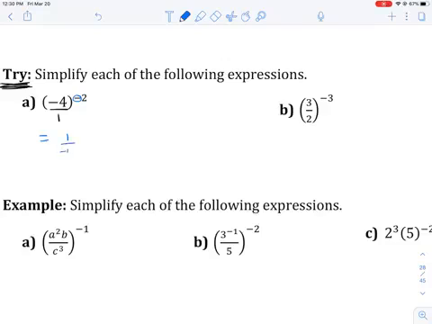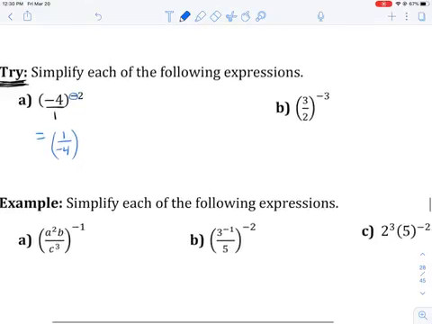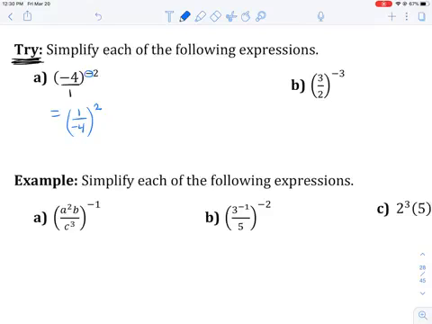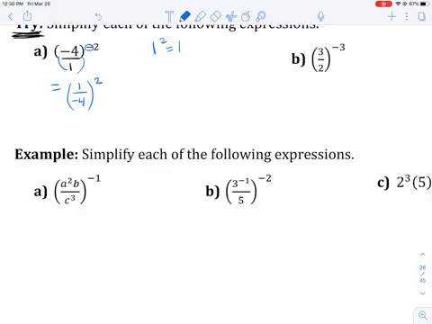Again, this negative simply says take the reciprocal of this power. And if I haven't written it like this yet, if I keep the 1 inside, thinking of this like that, that's fine too. But I also know that 1 squared is just 1, so we can almost ignore the 1, which is what I've sort of been doing so far.